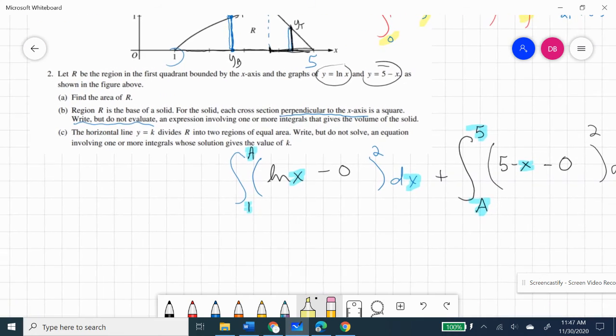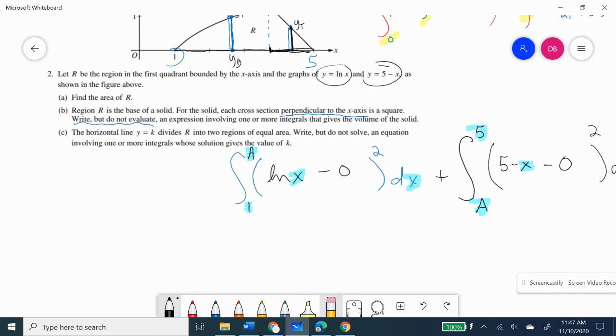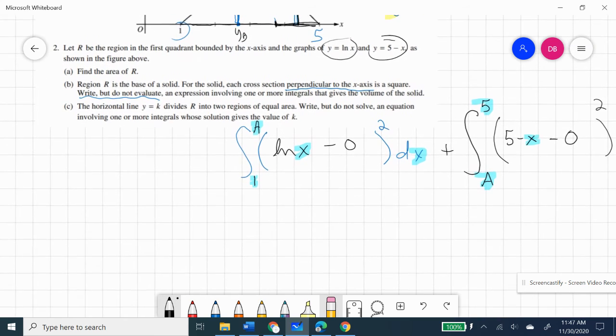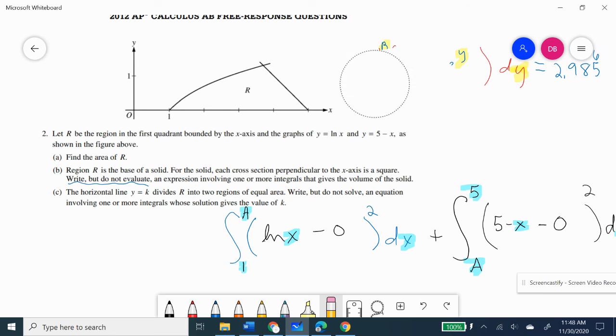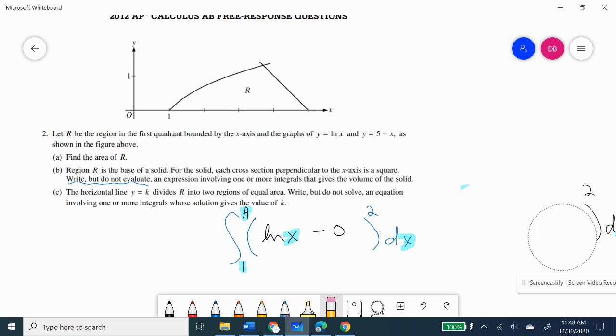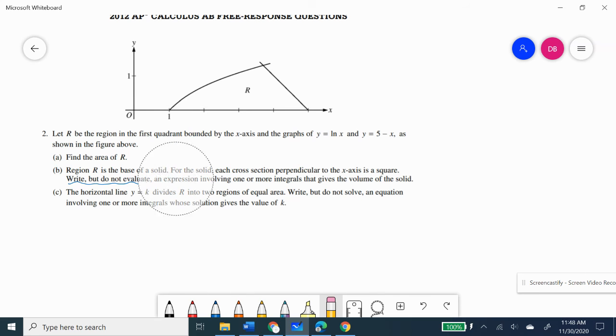So that was setting up the expression. Next, the horizontal line y equals k divides R into two regions of equal area. I'm going to erase all of this so that I can draw in here nicely. All right, now, horizontal line y equals k divides R into two regions.